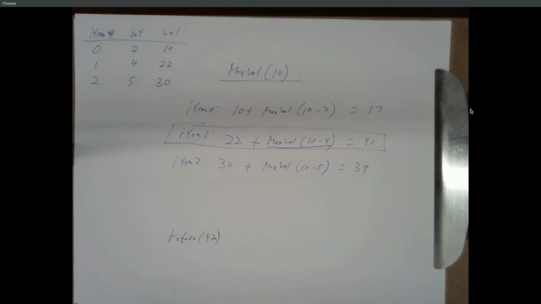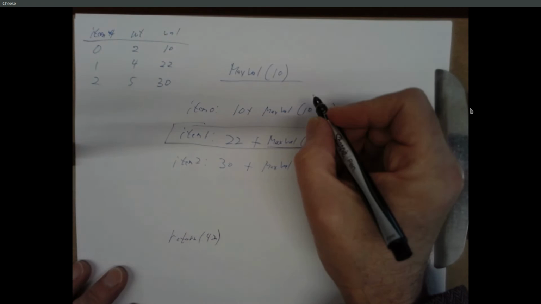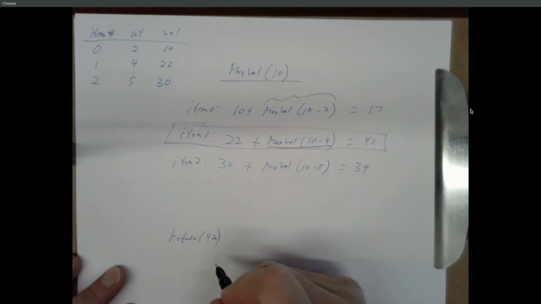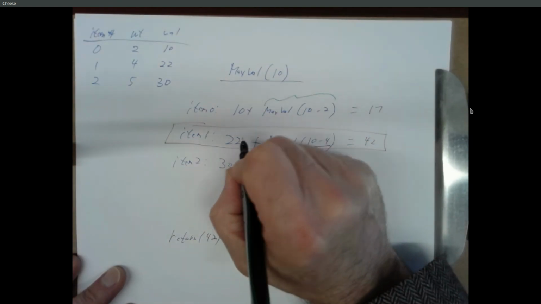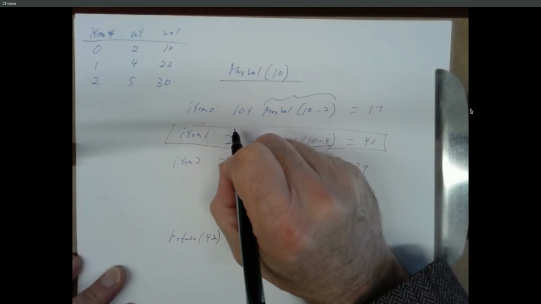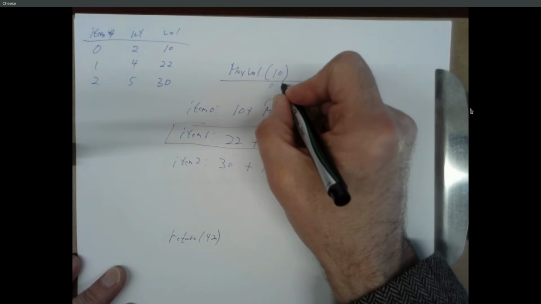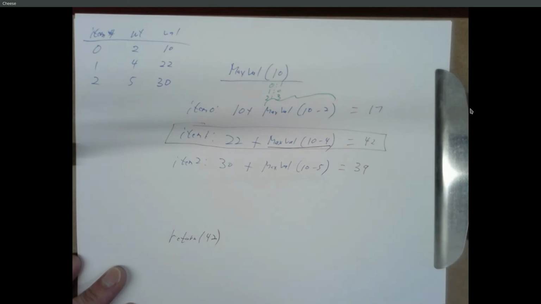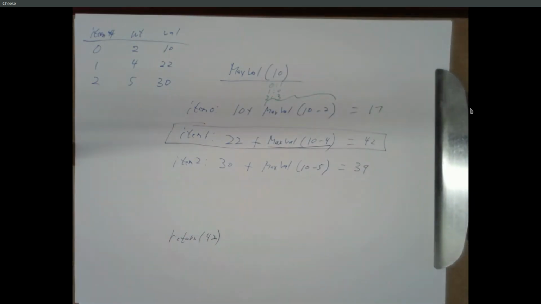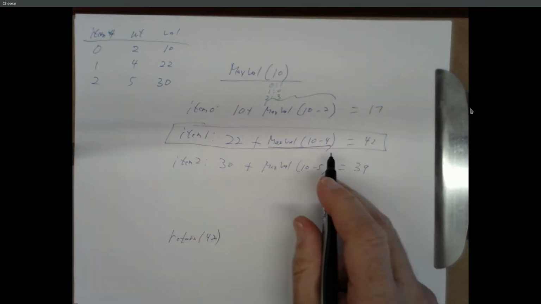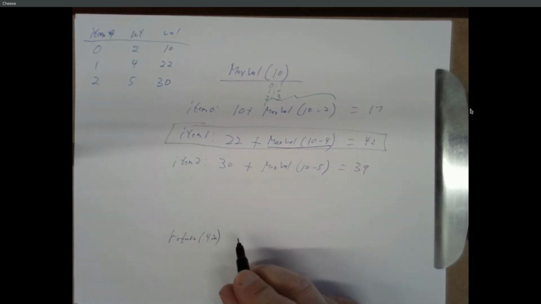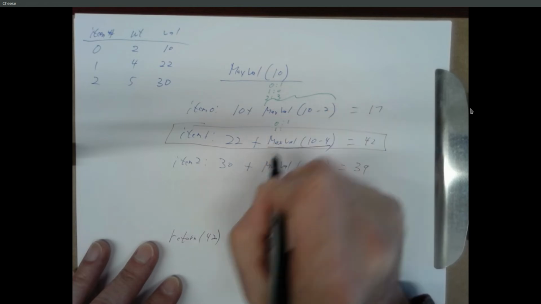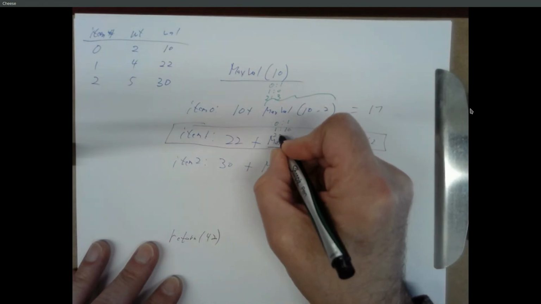So maybe max val of 8. The way that we got that inventory was item 0 we had 1, item 1 we had none, and item 2 we had 3. So that's how we got our $17. And maybe this max val of 6, the way we got our $42 was we had item 0, we had 1, item 1 we had 10, and item 2 we had none.